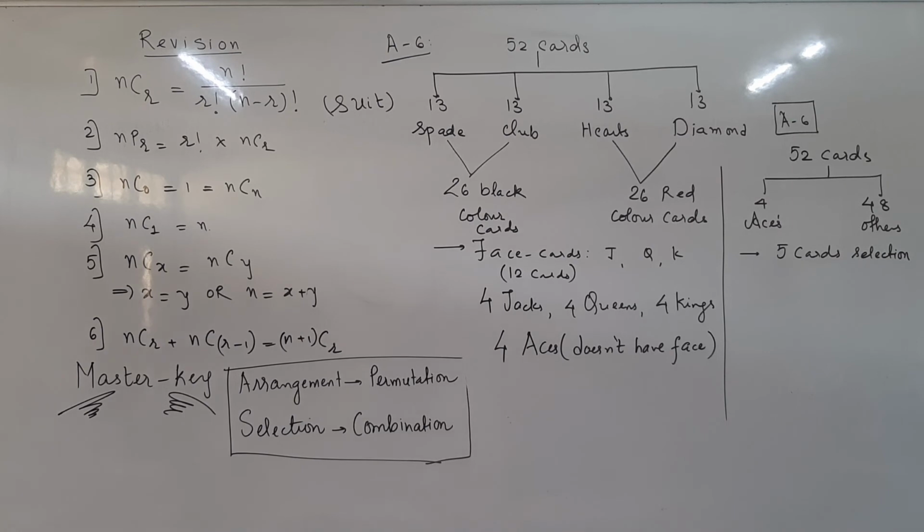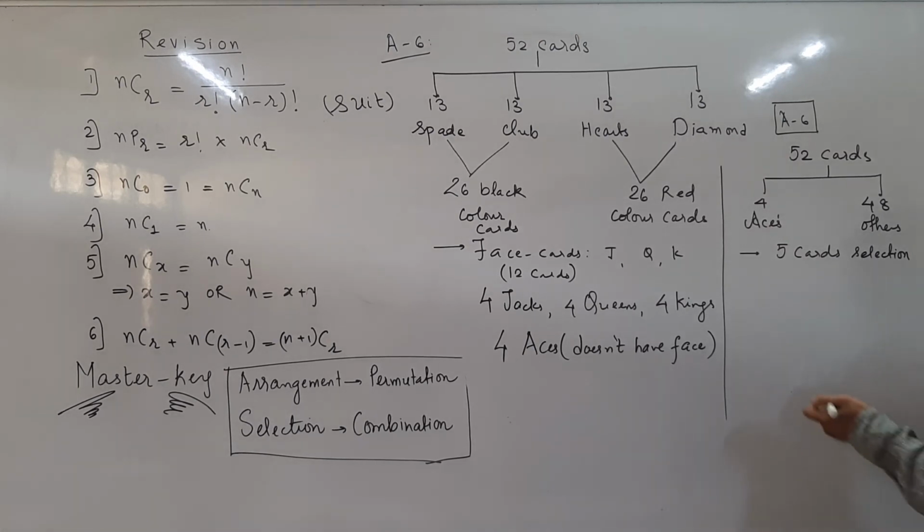Now, as there were conditional permutation, in the same way, students, we have conditional combinations. Now we have to select 1 ace, and for remaining 4 we are not given any condition.